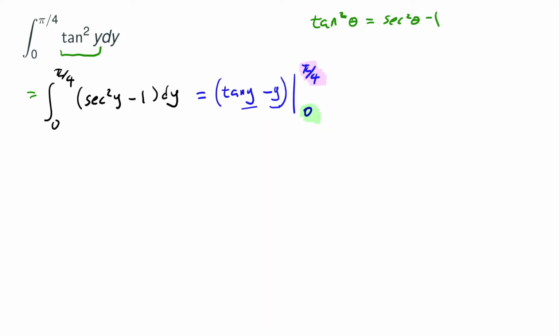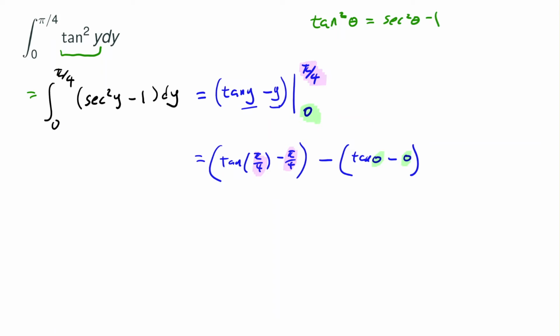So let's do that. We have tangent of pi over 4 minus pi over 4, minus tangent of 0 minus 0. Okay, so make sure you pay attention to where these variables come from.